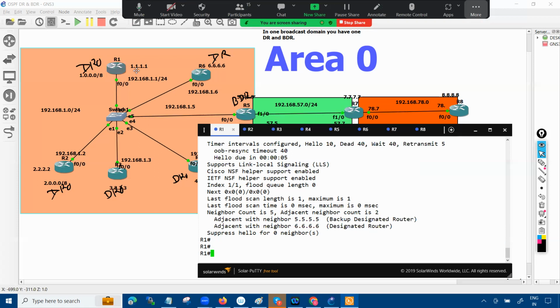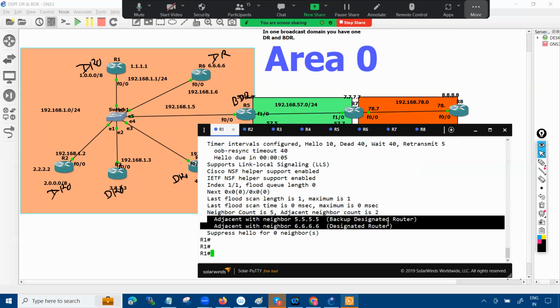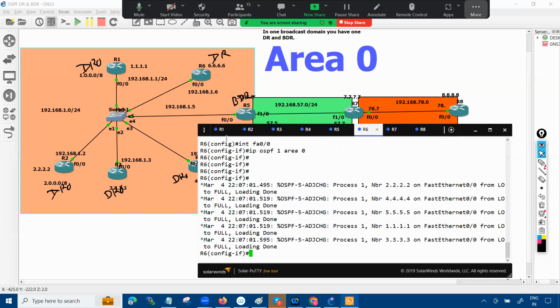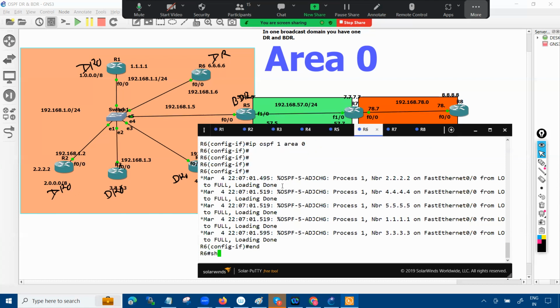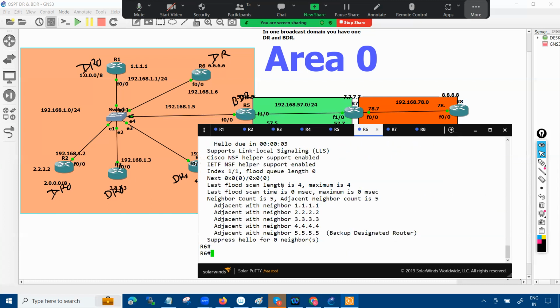So on router number 1, you will have five neighbors and two adjacencies. The two adjacencies only happen with the backup DR and DR. But R6, which is my DR, will have five neighbors and five adjacencies as well.